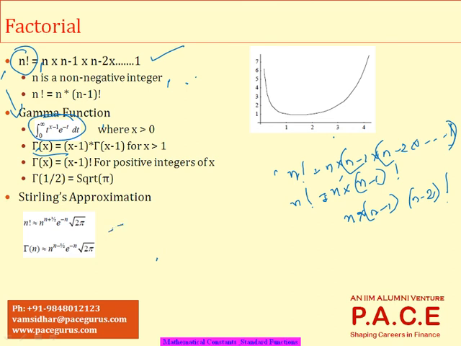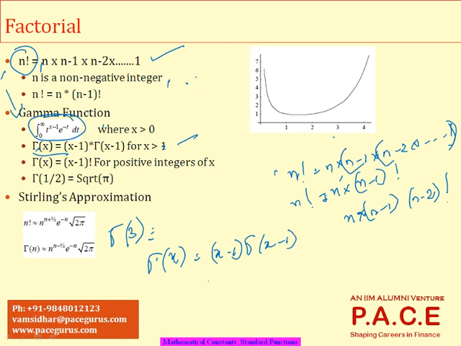So let's say I want gamma 3. Always write it as: the general form is gamma x equal to x minus 1 into gamma x minus 1.